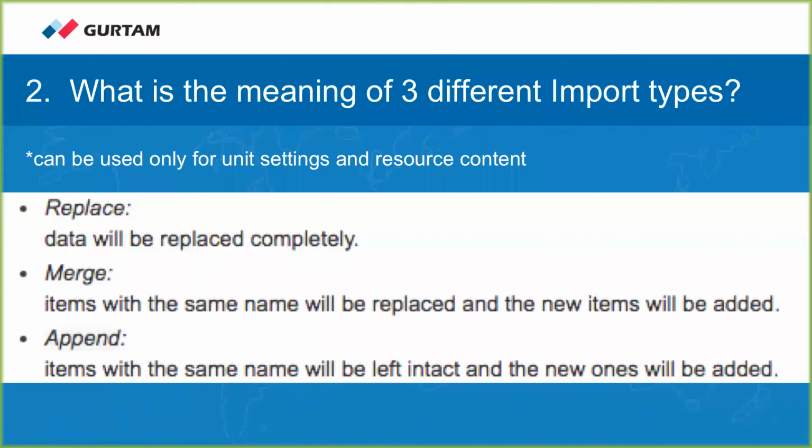And then the third option, append, says items with the same name will be left intact and the new ones will be added. I find that option less popular, because imagine the situation when you already have the sensor with name engine coolant or mileage, and then for some reason you want to copy the mileage sensor from one unit to all others, and you want it to be added.